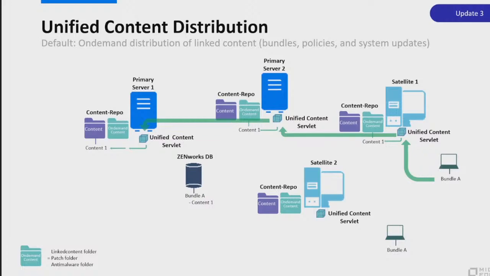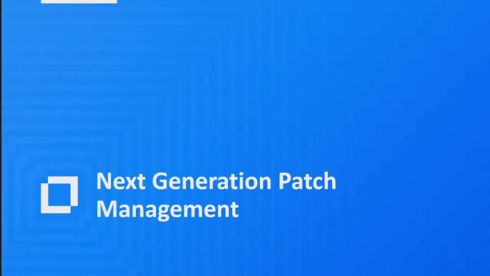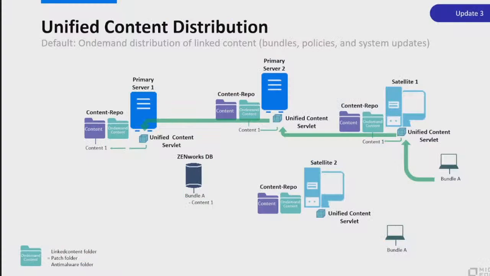In addition to that, we also clean up on-demand content on a different schedule than we do replicated content. By default, on-demand content that is unused after 30 days is cleaned up. Right, and you can determine that.